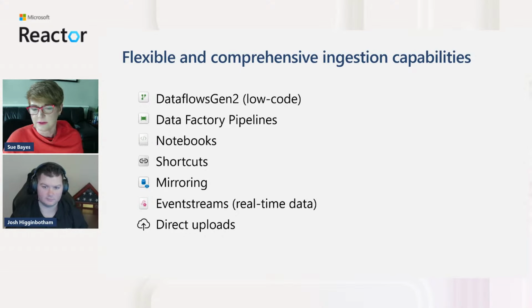Normal data flows or Power Query in Excel, you can only access the data from within Excel or Power BI. But with a Dataflow Gen2, because the data is stored in the Delta table in the lakehouse, it opens up a whole raft of opportunities from where that data can be stored. It makes it incredibly easy to code and to get data ingested into your system.